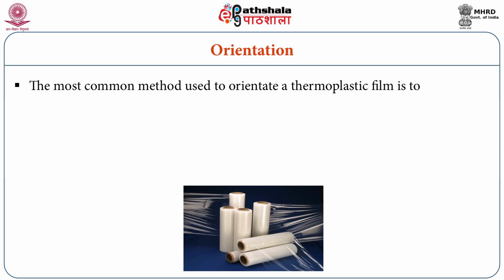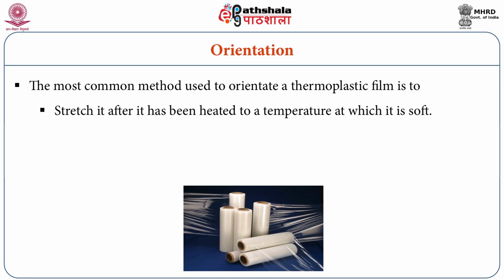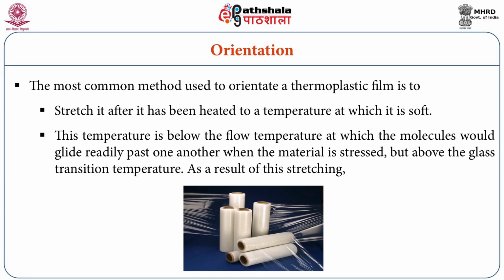The most common method used to orient a thermoplastic film is to stretch it after it has been heated to a temperature at which it is soft. This temperature is below the flow temperature at which the molecules would glide readily past one another when the material is stressed, but above the glass transition temperature.